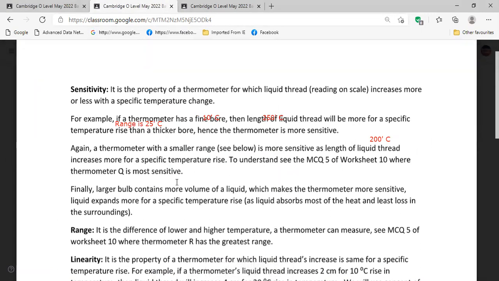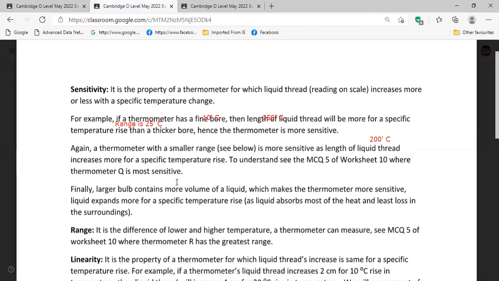There is another factor related to sensitivity. Should I tell you that one? Yes. That is liquid expansion ability. If you give a 5 degrees Celsius temperature increase to water and alcohol both, you will see alcohol is increasing more.